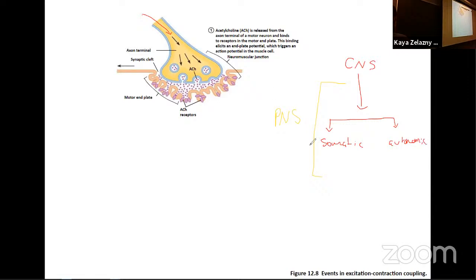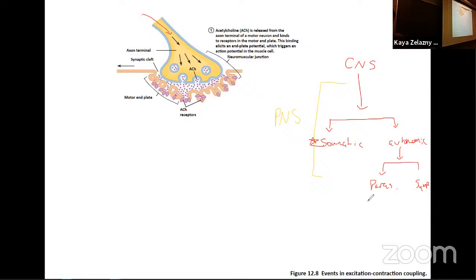What we're talking about right now, here's the somatic nerves, but let's just make sure we have our whole split down. So what were our two types of autonomic nerves? Parasympathetic and sympathetic. What did the parasympathetic nerves do?